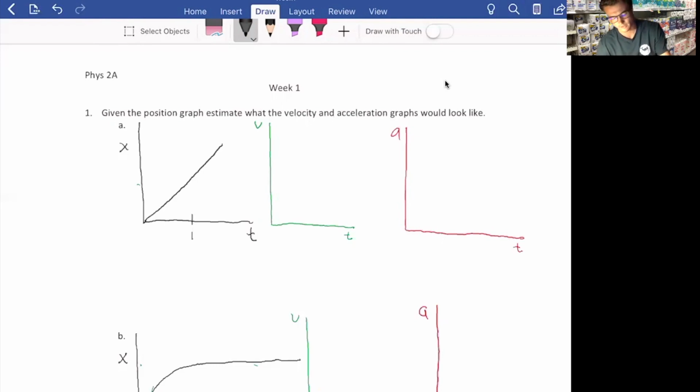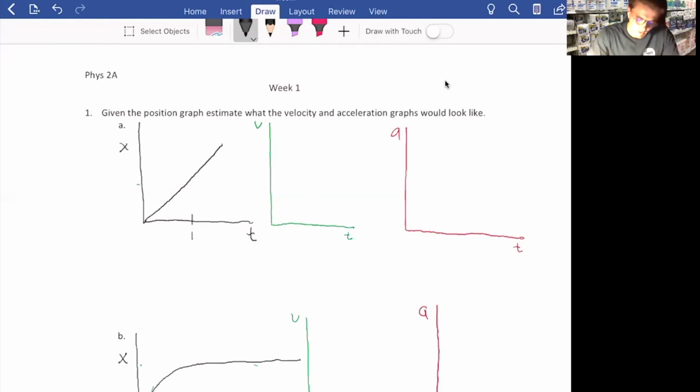Because we find the velocity by finding the slope of the position, right? So we see that we have a positive slope in our position graph, so it's going to tell us that we have a positive velocity, okay? And like I said before, the rate of change of position is not changing, so that's going to tell us we have a constant velocity.